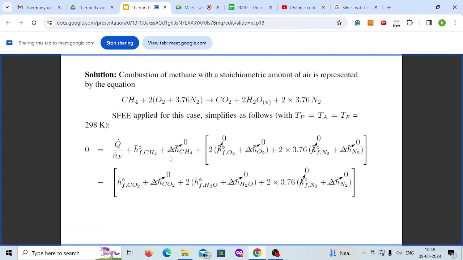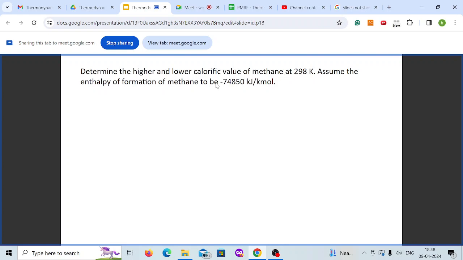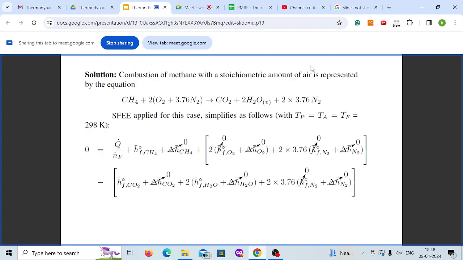Here in the problem we are assuming that methane and air are all at 298 Kelvin, so the enthalpy of formation and sensible heating of air are also 0, and the enthalpy of fuel is also 0. Then minus the products: the enthalpy of formation of carbon dioxide plus carbon dioxide and the other components.